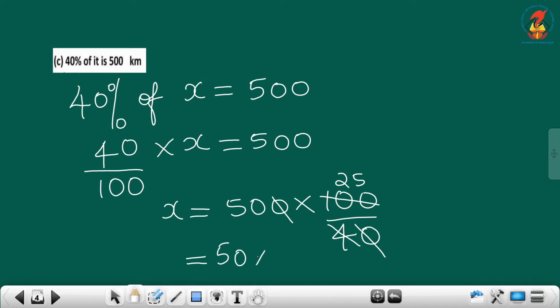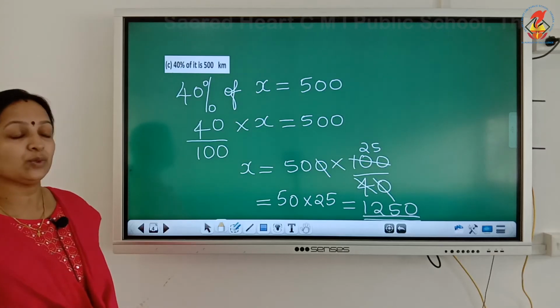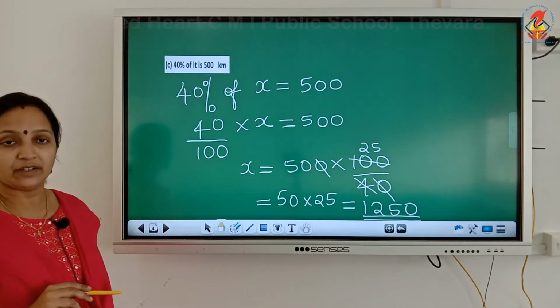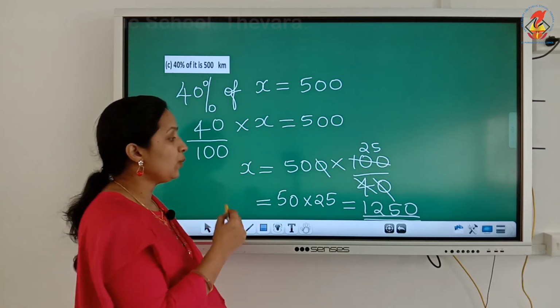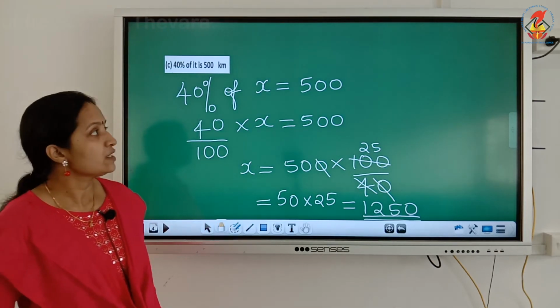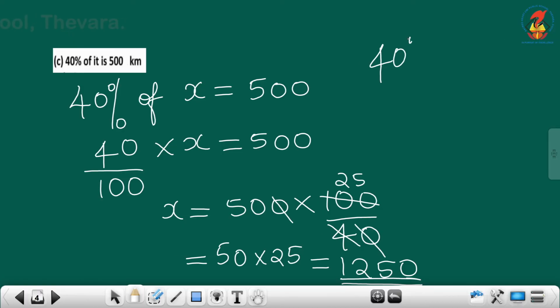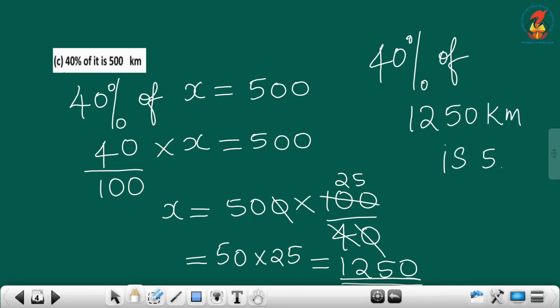So 50 into 25, what is the answer? 1,250. So what does it mean, children? 40% of 1,250 kilometers is 500 kilometers.